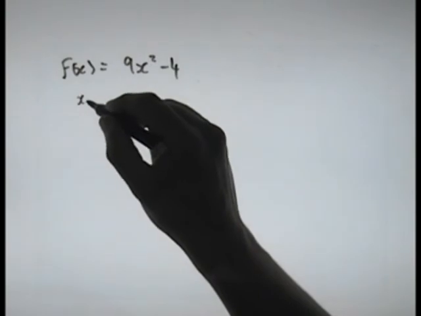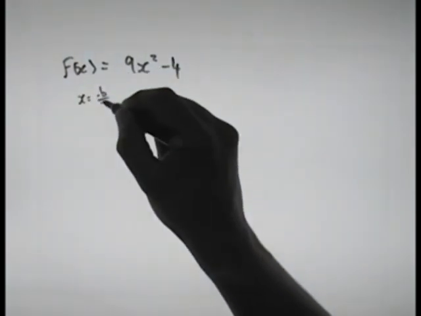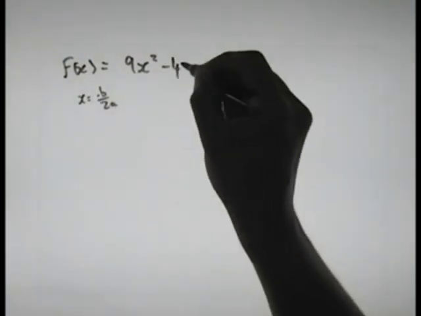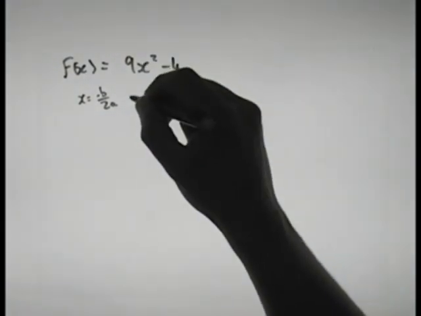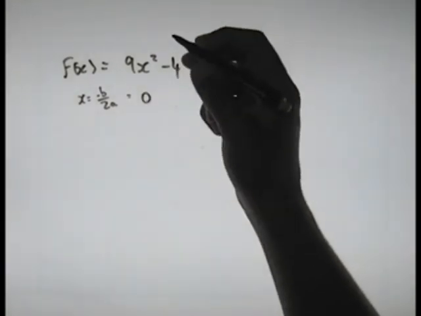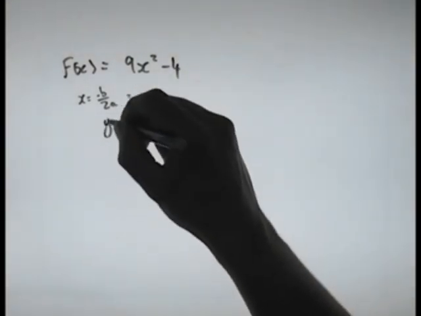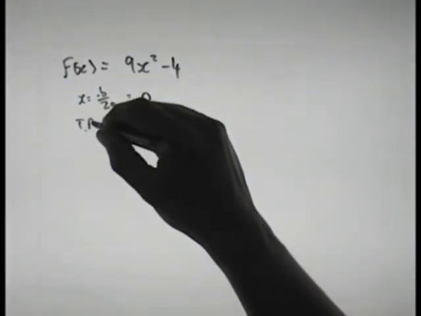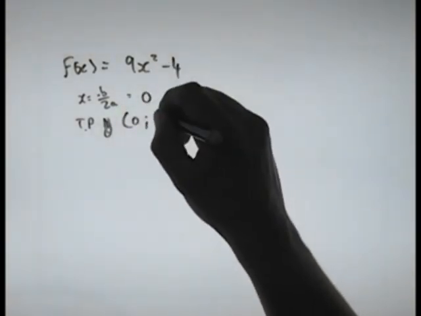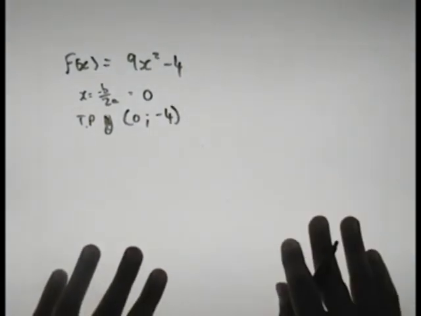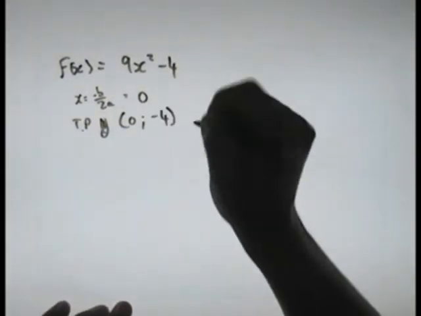Our axis of symmetry happens when x is equal to minus b over 2a. We don't have a b value in ax squared plus bx plus c. That means that our axis of symmetry is on 0. That means that our turning point happens at x is equal to 0, y is equal to negative 4.